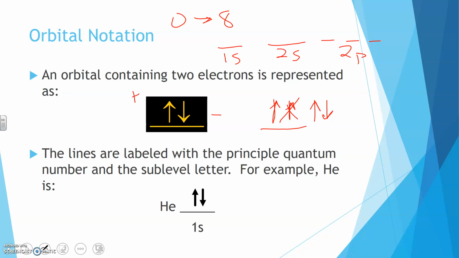Now the electrons, again, will go into the lowest energy level available, which means that you're going to fill up 1s first. So you have 1 electron pointing up and 1 pointing down. So you've taken care of 2 of your electrons and now you're down to 6. Now we do the same thing with the 2s because 2s is lower energy than the p. So now we've taken care of 2 more. So we only have 4 left.